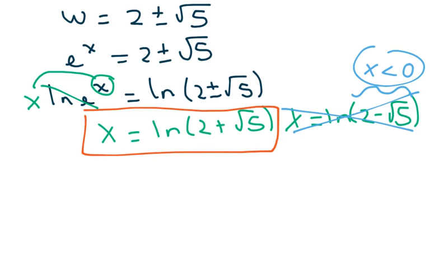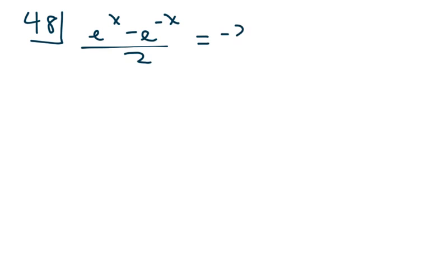And the last one we have is 48. And 48 is e to the x minus e to the negative x over 2 equals negative 2. Cross multiply, we get e to the x minus e to the negative x equals negative 4.